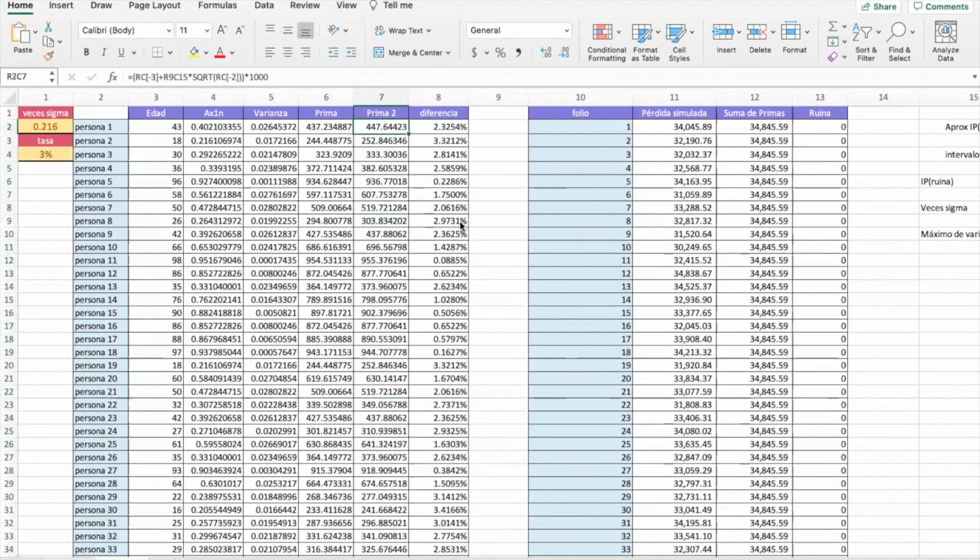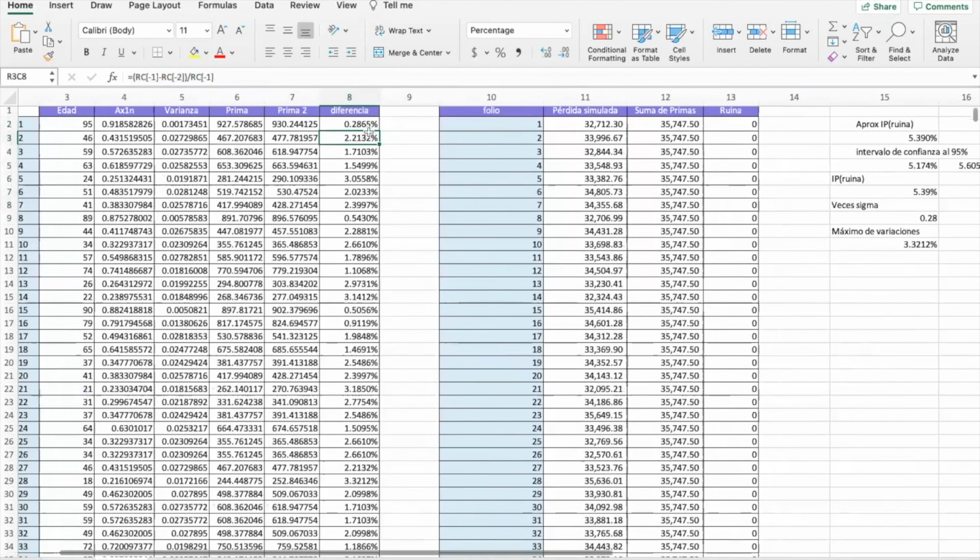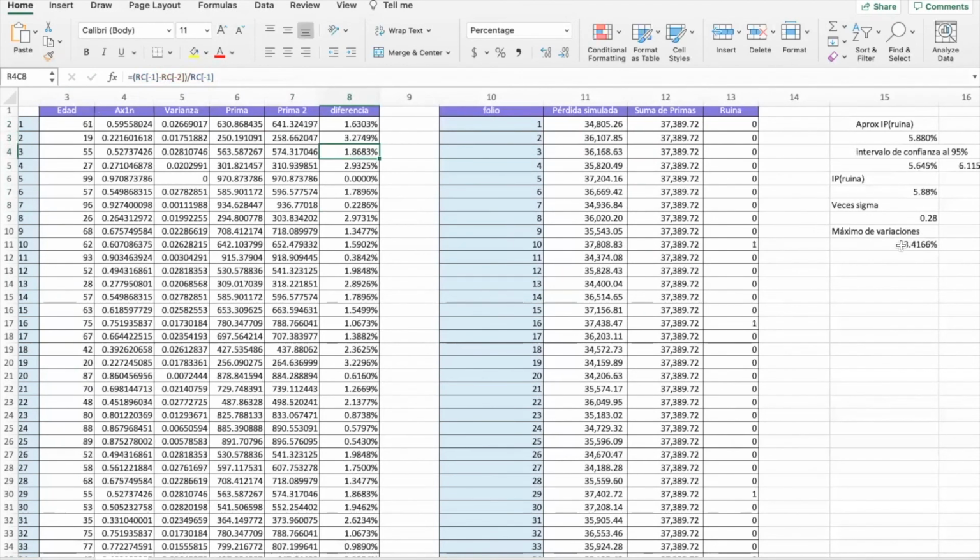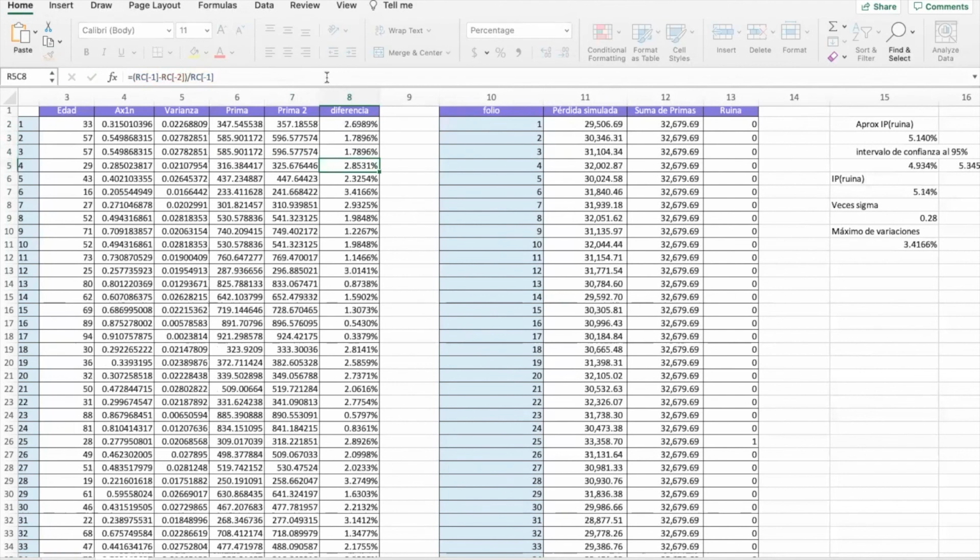With a higher sigma, we have a higher premium. So then we just calculate the difference between these two, and we can see that if we keep creating random simulations, we just need to look at this number over here. The maximum of variations tends to 3%.